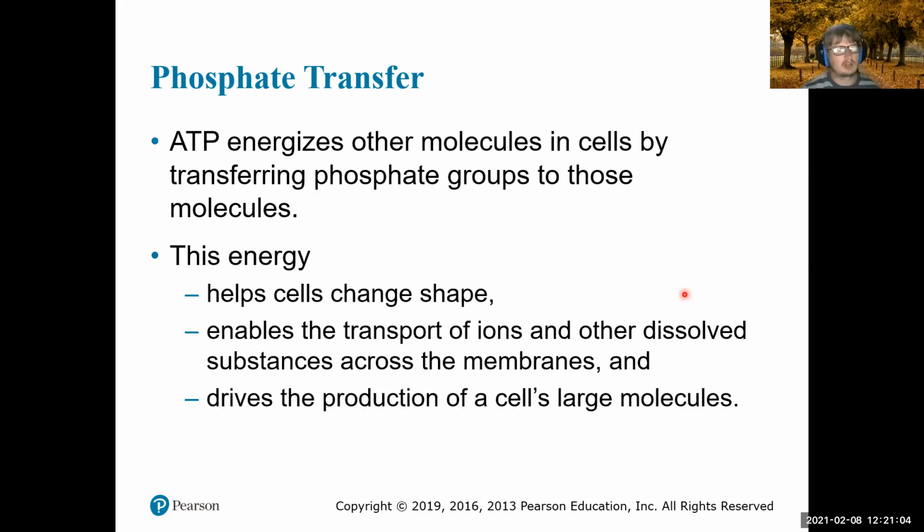And so there are a lot of processes that use ATP. So basically, when cells change shape, ATP is supporting that process. The transport of ions and active transport is one of those processes, and the production of other large molecules like dehydration synthesis is a process that uses ATP.